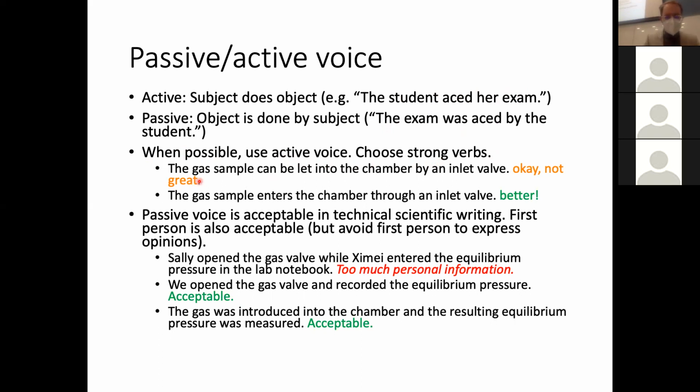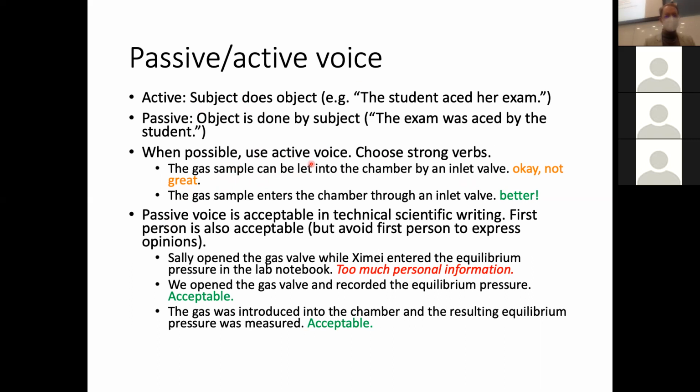So here's an example from something that I was editing, trying to improve. One of my students wrote, "The gas sample can be let into the chamber by an inlet valve." So there's nothing wrong with this sentence. I don't think your TA would take off any points for this, but you can write this better. This is basically a passive sentence because it leaves out the subject, right?